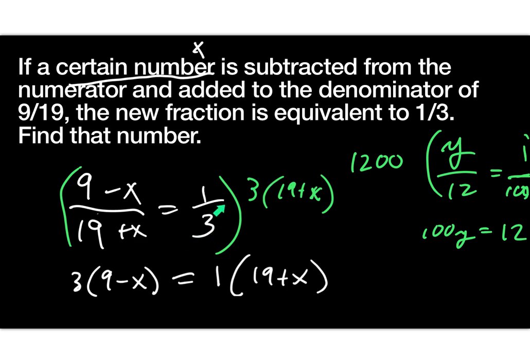The 3's reduce because, again, they're only multiplying, leaving just the 19 plus x. So cross-multiplying, which is a process you learned probably a long time ago, maybe even so long ago you forgot about it. But what we're really doing is multiplying everything by the lowest common denominator. And when I do that, I eliminate all my fractions.